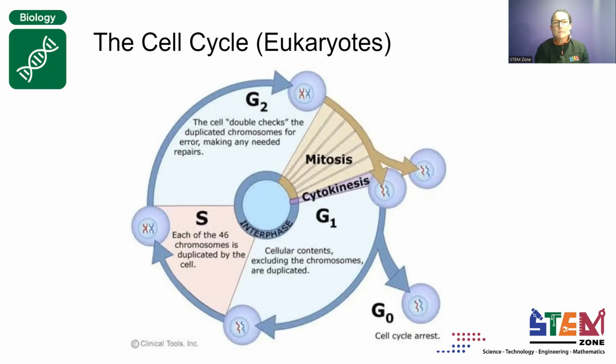We'll make any repairs before mitosis, before we divide our nucleus and our entire cell body. So that's what we mean by cell cycle. There's a number of phases that the cell will go through, and will check along the way before it actually divides and becomes 2 new cells.